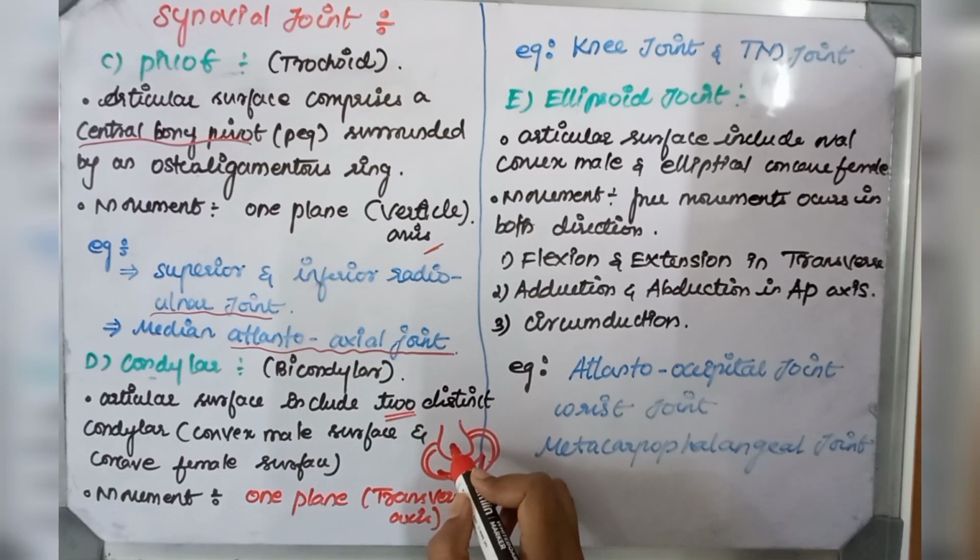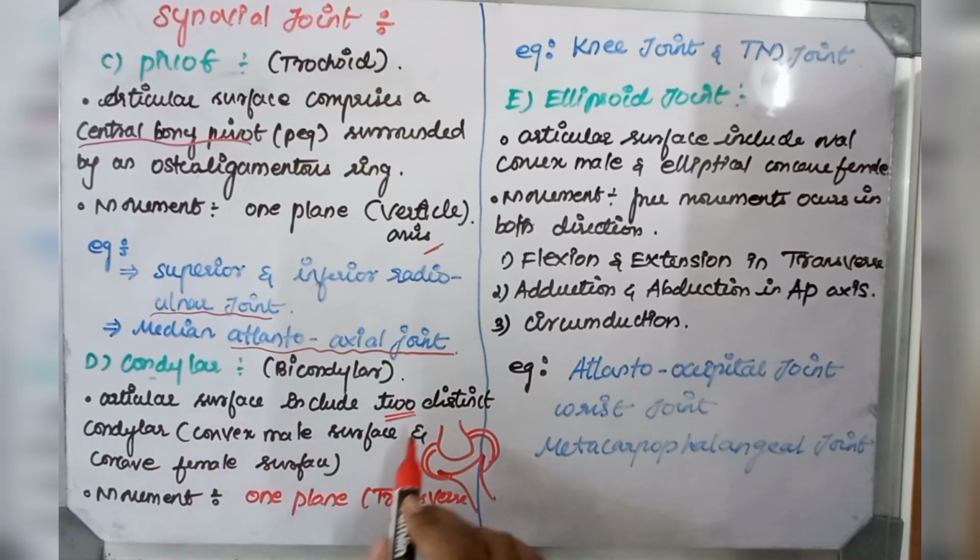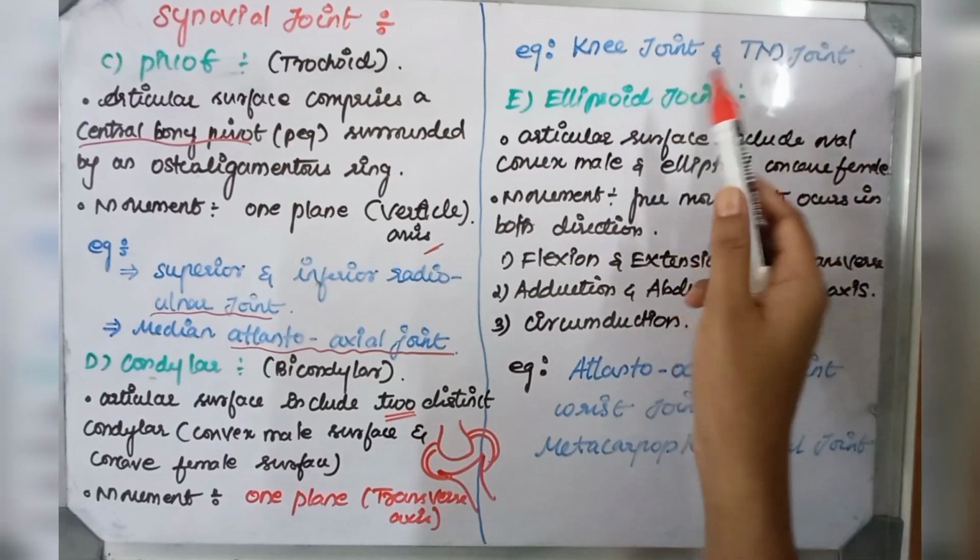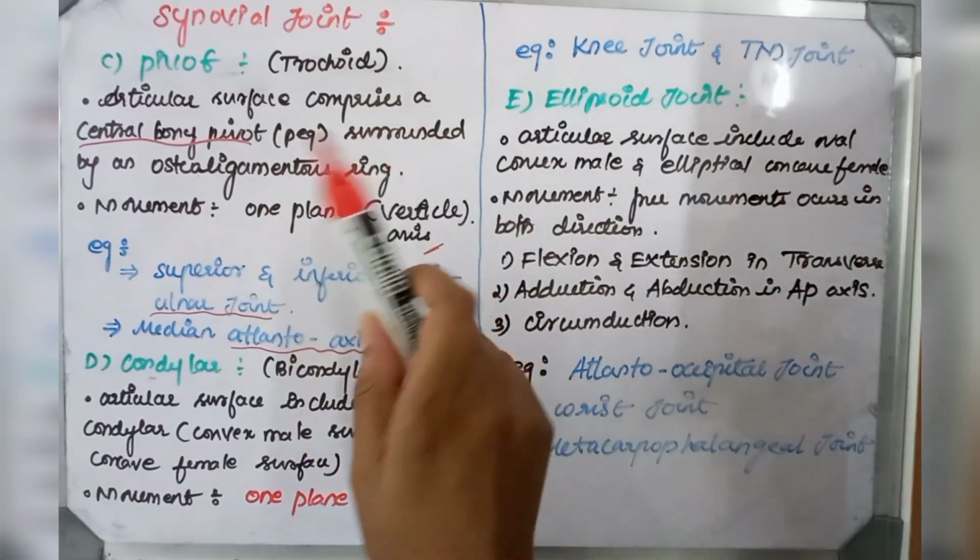This is called the convex male surface, and this is called the concave female surface. So this comprises the condylar type of synovial joints. The movement is in one plane around the transverse axis. This type of joint is present in the knee joints and temporomandibular joints.